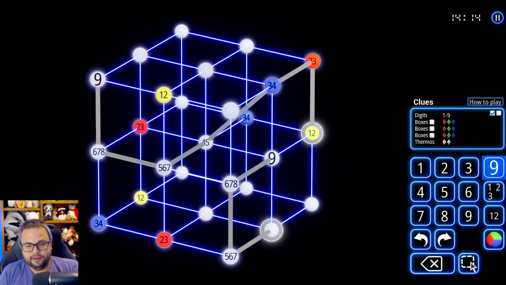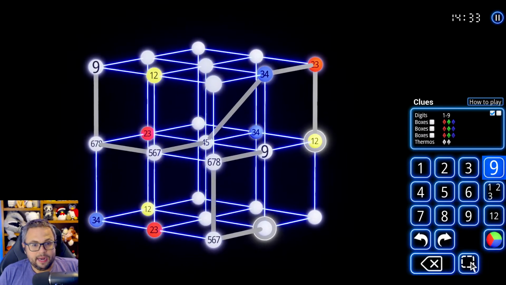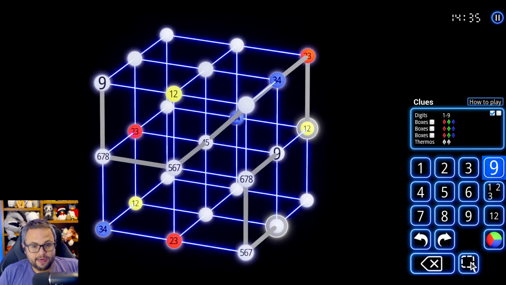So I wrote a 6 in it just to be different. So that's helpful. One of these is definitely an 8, I guess. Oh, that's right. There's only one more 9 in the entire puzzle, so I should be able to find it. I think it's there.